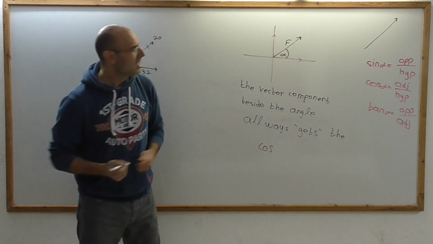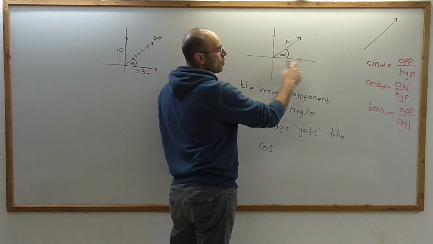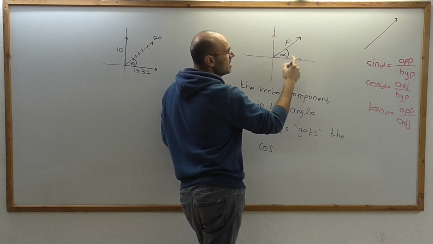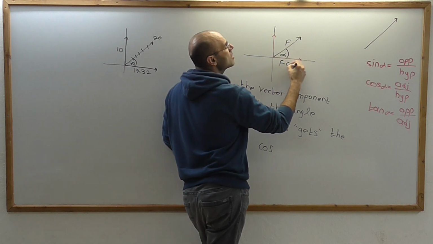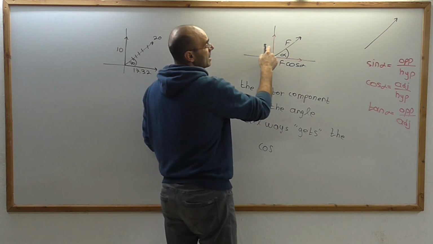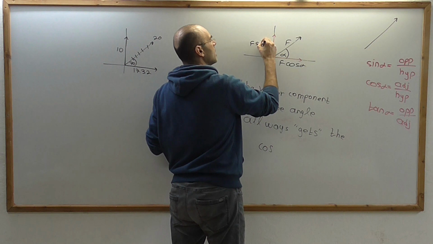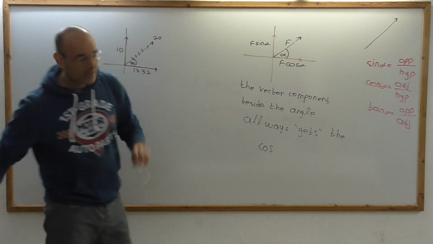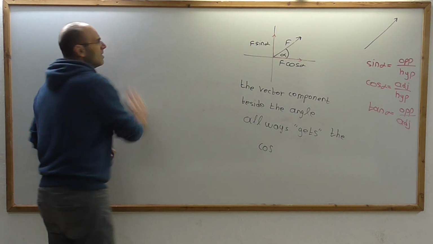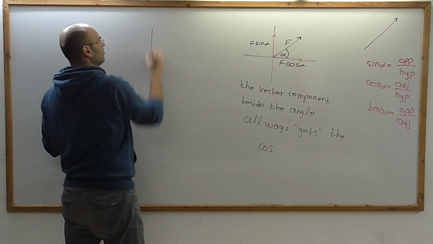What does it mean? It means that if I want to know what this component is, I do f times cosine alpha. And the other component always gets the sine. So this one will be f times sine alpha. This is the idea.